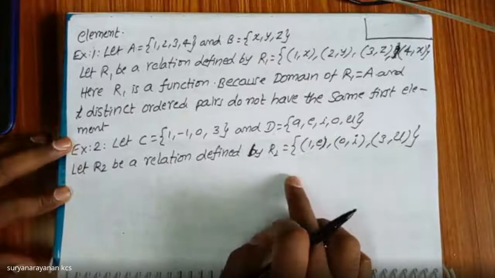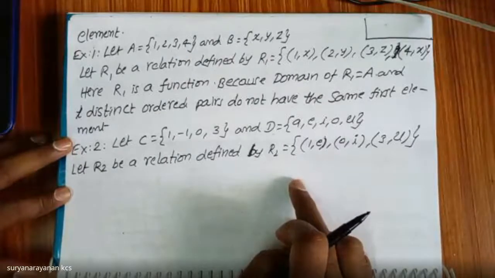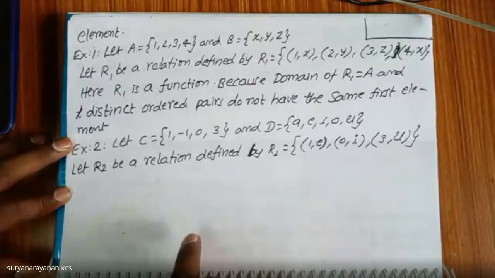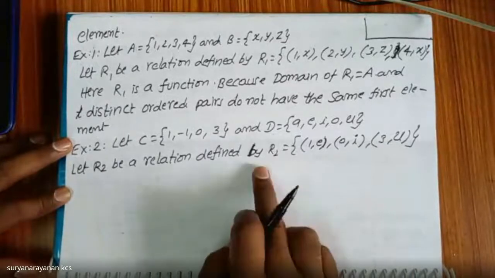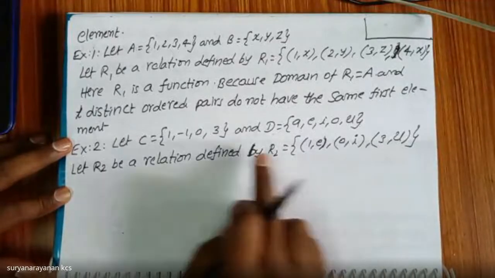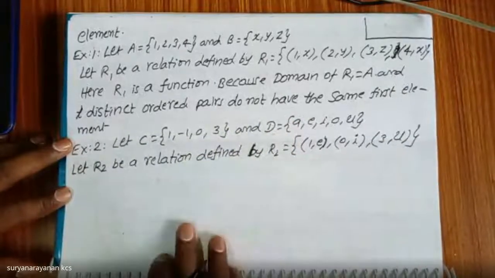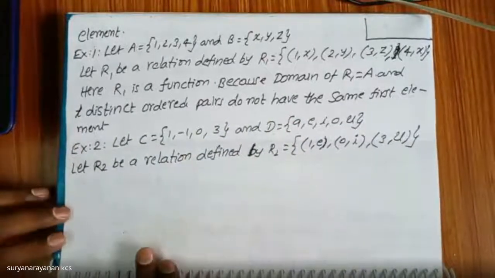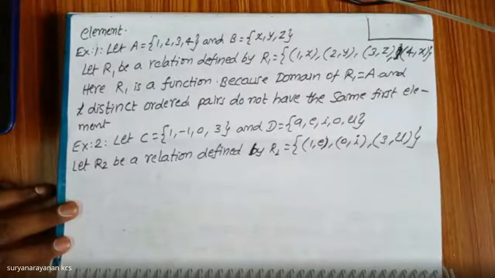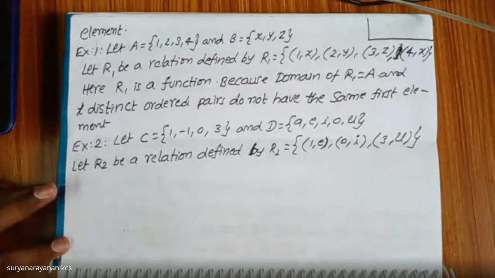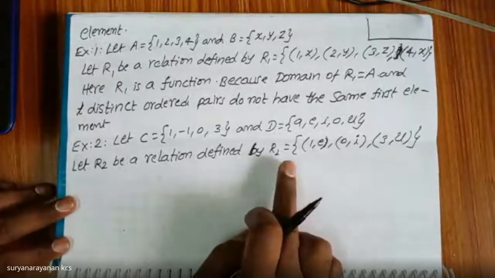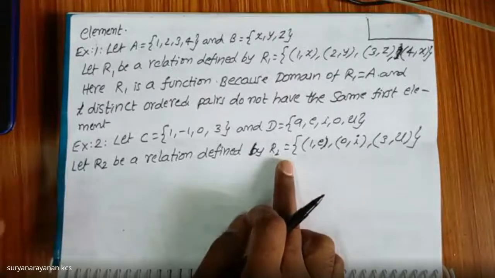Is this a function or not? Justify your answer. Here R2 is a relation defined from set C to D. Observe these ordered pairs. Now tell me, is the relation R2 a function or not?